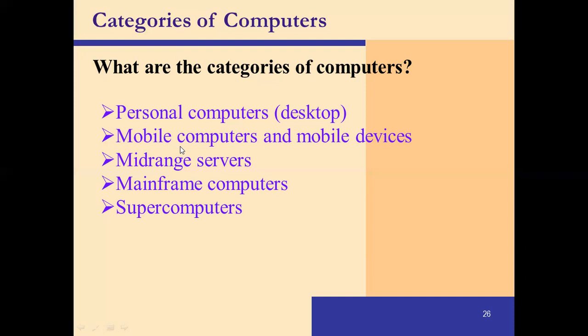Supercomputers are basically used by NASA. You heard about NASA? What is NASA? The space people. Yeah, space people. Supercomputers can perform instructions in fractions of seconds, milliseconds. These computers are that powerful.